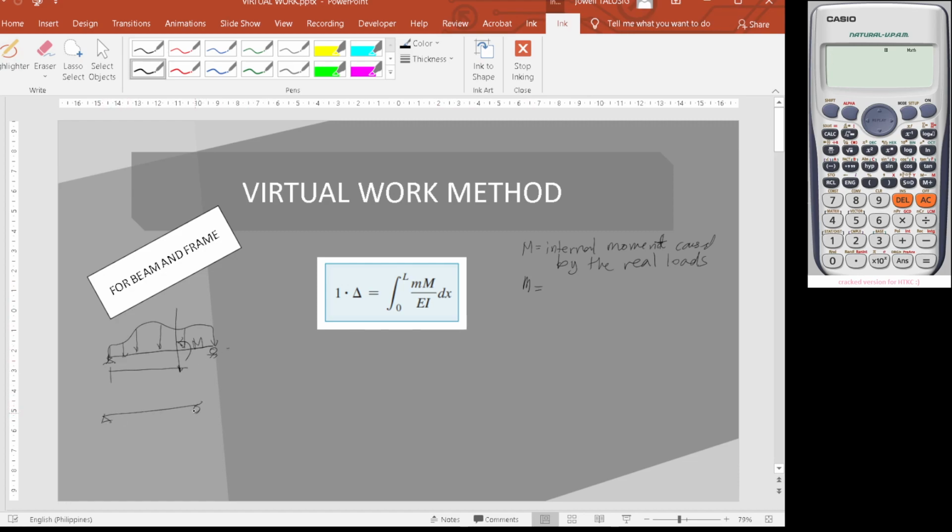Then small letter m will be this way. For the same beam, you temporarily remove the real loads, and you apply the virtual loads.